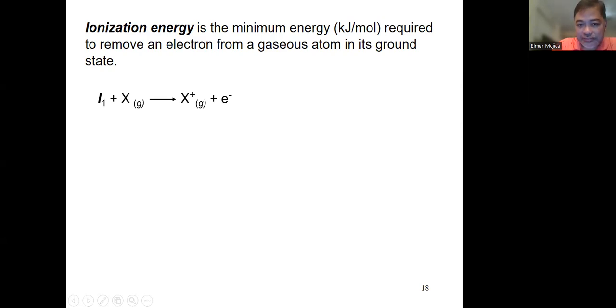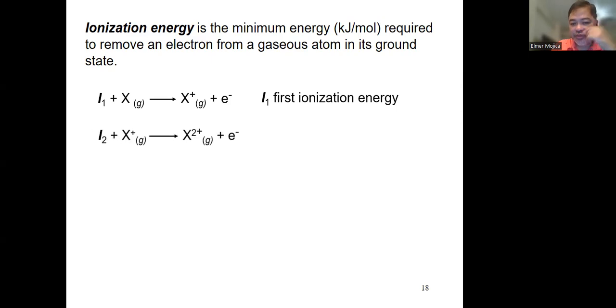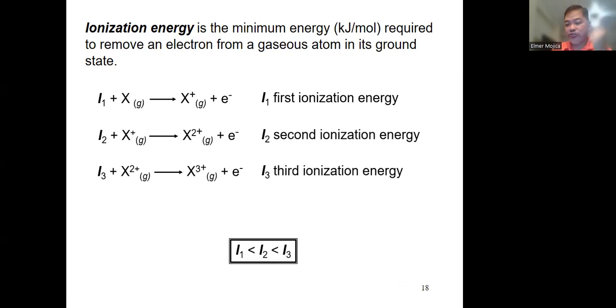If you remove the outermost electron, it is the first ionization energy. If it's the second outermost, it is the second ionization energy, and so on. And as you remove more electrons, you're going to need higher ionization energy.